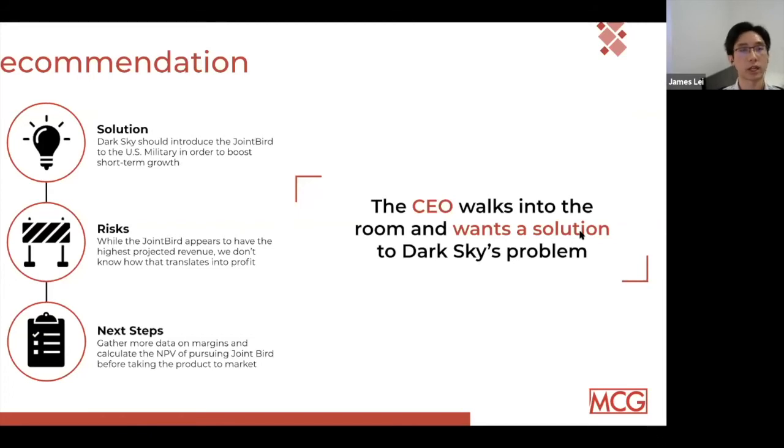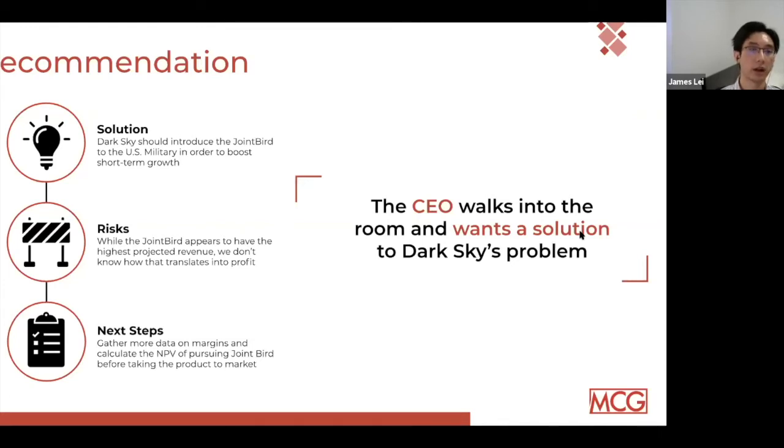Despite that, we do recognize that the Joint Bird has the highest potential cannibalization of the Assessor. So if there's any reason that we need to continue producing the Assessor and reaching high levels of sales on that, maybe the Joint Bird isn't the best choice. However, based on sales figures alone, we believe that the Joint Bird is definitely the best choice to pursue.